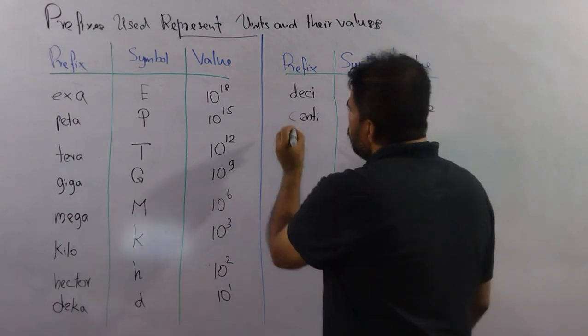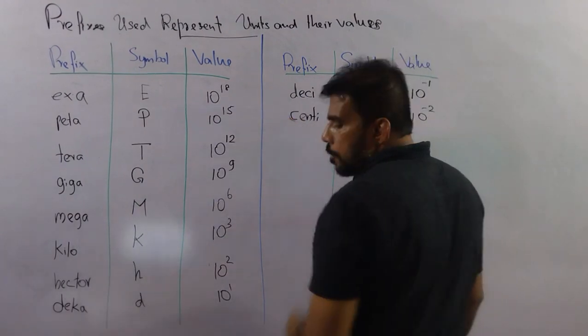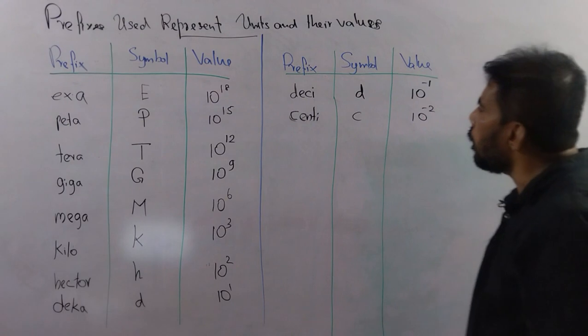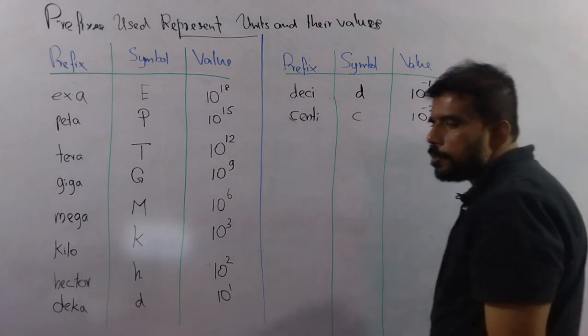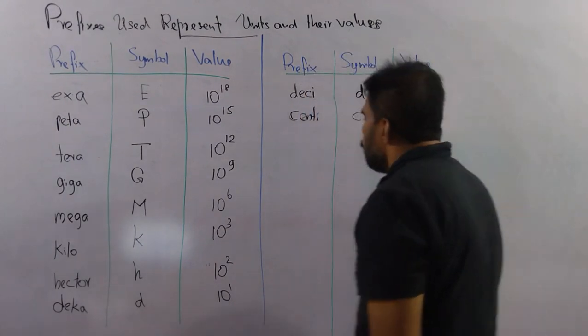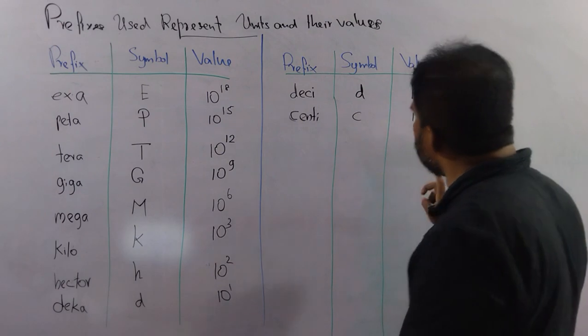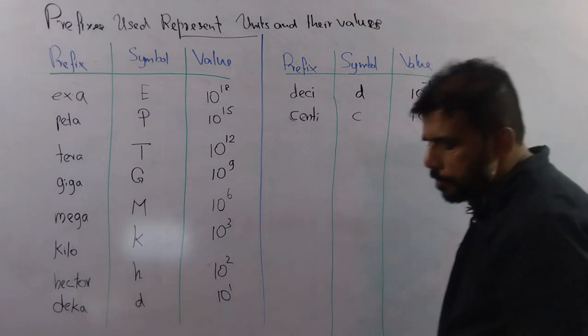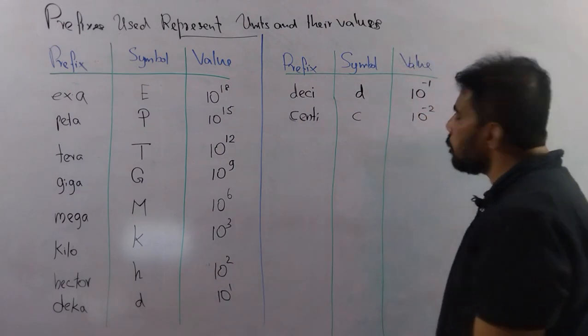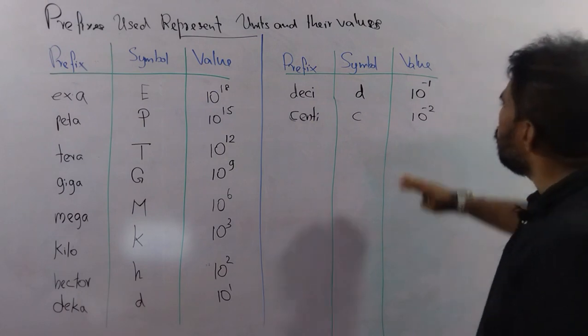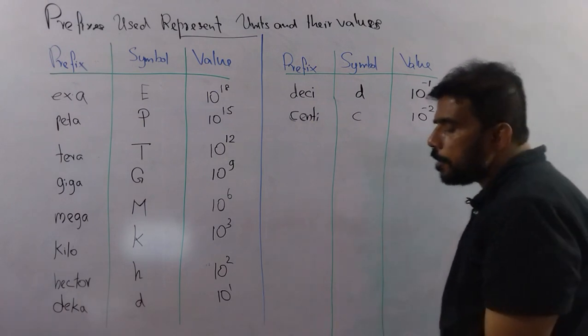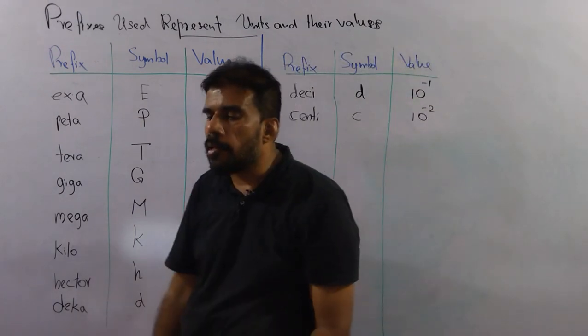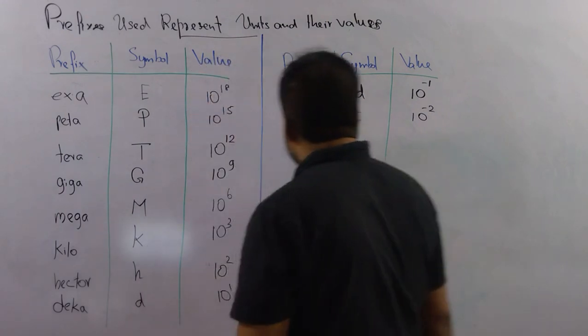The deciliter term comes up most of the time, and centimeter too. We know centimeter, but maybe we are not much aware of the meaning of centimeter: it's 1/100th of a meter, that is why it is centimeter.